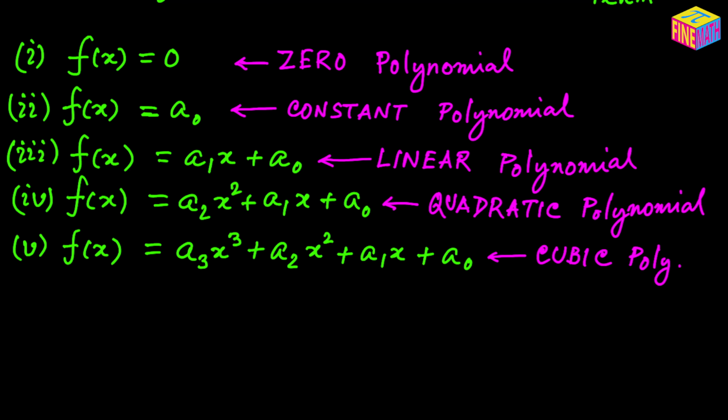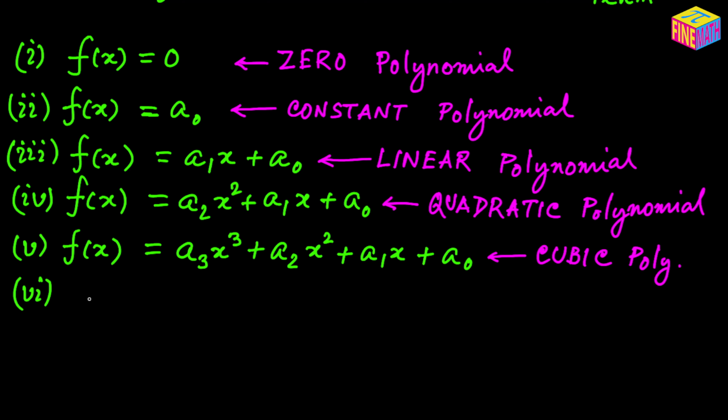Now let's take the next scenario where we have all of the coefficients up to a sub 5 equal to 0. For example, a sub n would be 0, a sub n minus 1 is also 0, a sub n minus 2 all the way up to a sub 5, all those coefficients are 0.